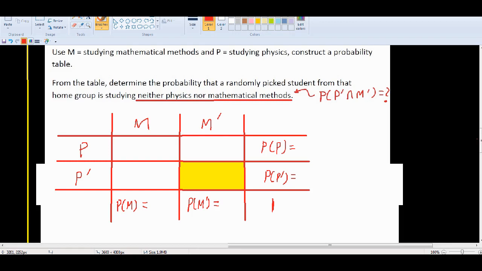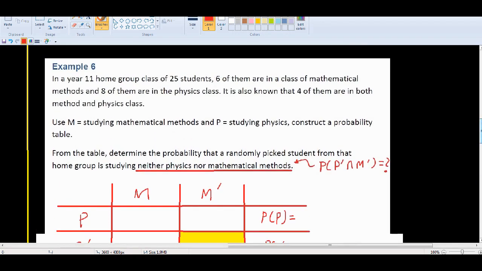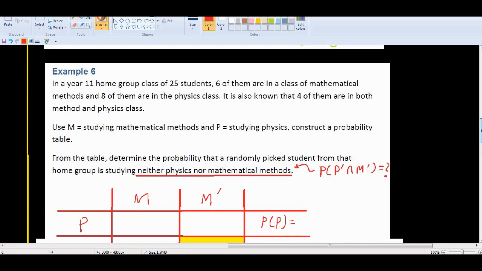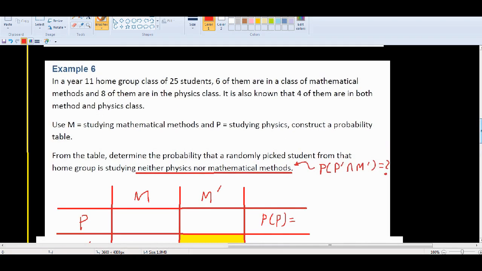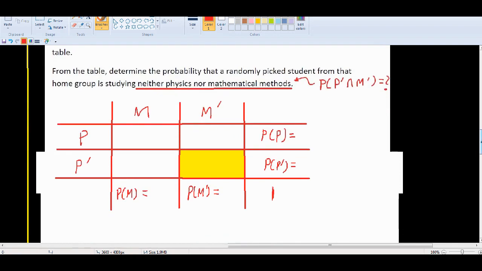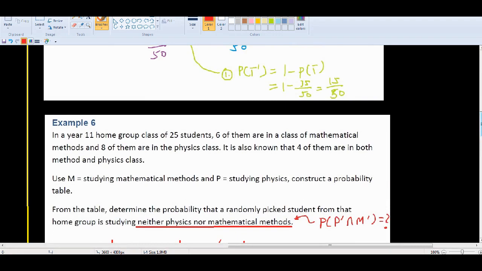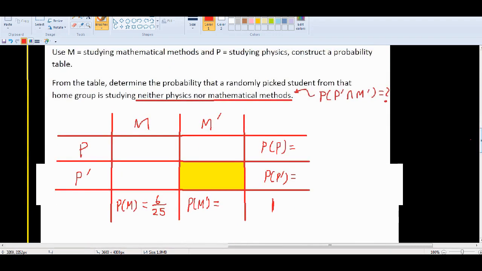Alright, so what information have we already been given by the question? We know that 6 of them are in the method class. In terms of probability, that means 6 over 25. That's a given. Also, there are 8 of them in physics class, so this number is also given.